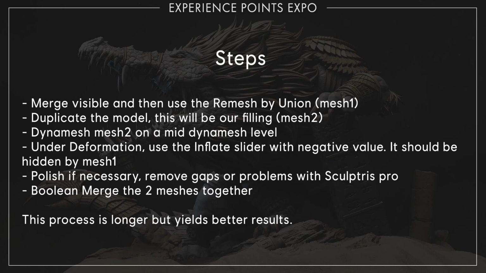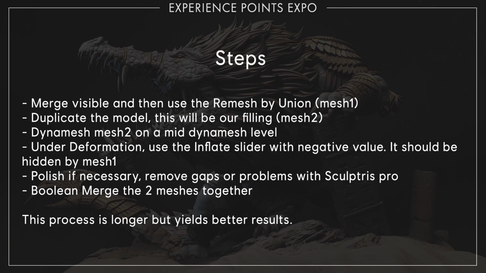And since the two models are super close together, you won't see the inside mesh, but the model will be filled 100%. And of course, before doing this, you can polish if you notice that there are still some gaps remaining on the filling mesh. You can smooth them out.